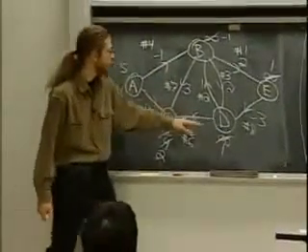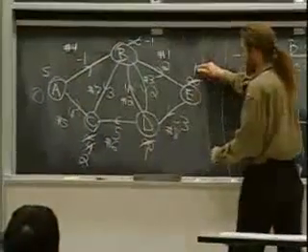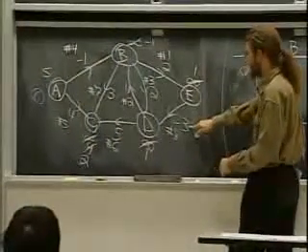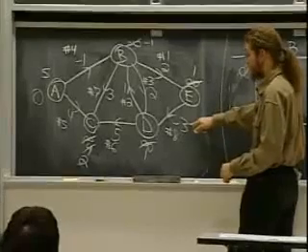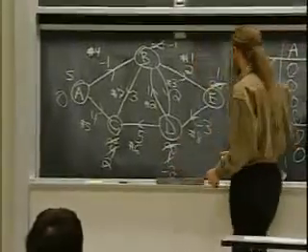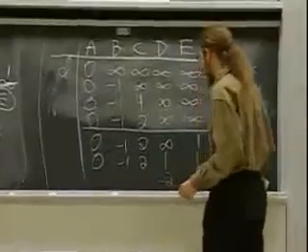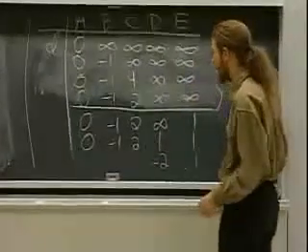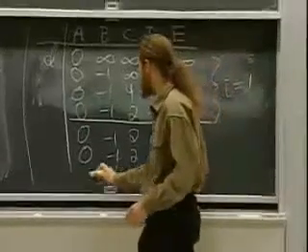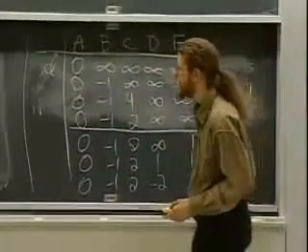Number 8. Number 8 is interesting. So we have a weight of 1 here, a weight of minus 3 here, so the total is minus 2, which is better than 1. So that was D. And I believe that's it.